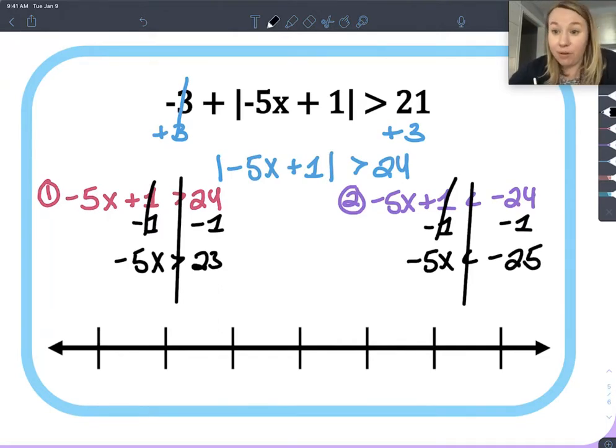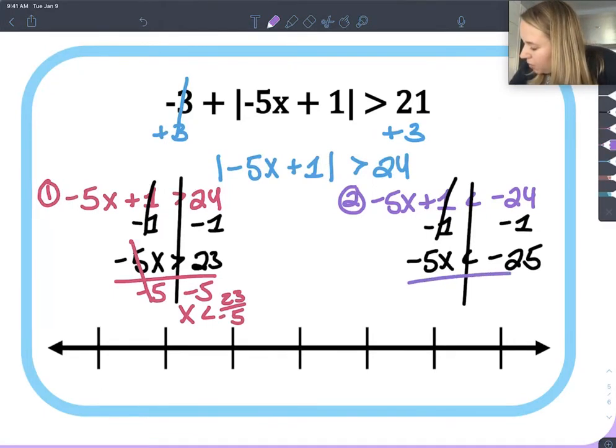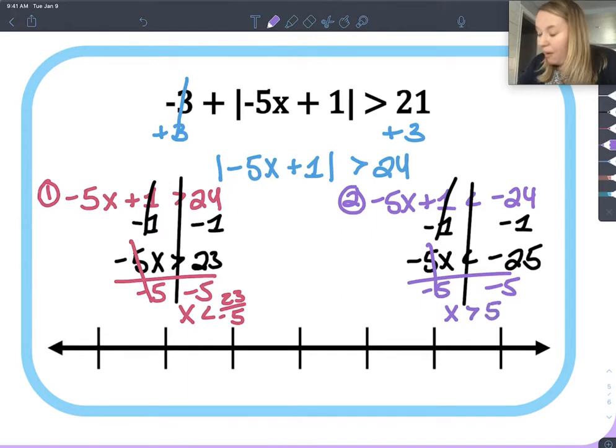Then we're going to divide both sides by negative 5. On this side, we have x, the sign flips to less than 23 over negative 5. And then on the other side, when we divide by negative 5, again the sign flips, so we get x is greater than, and that gives us a positive 5.